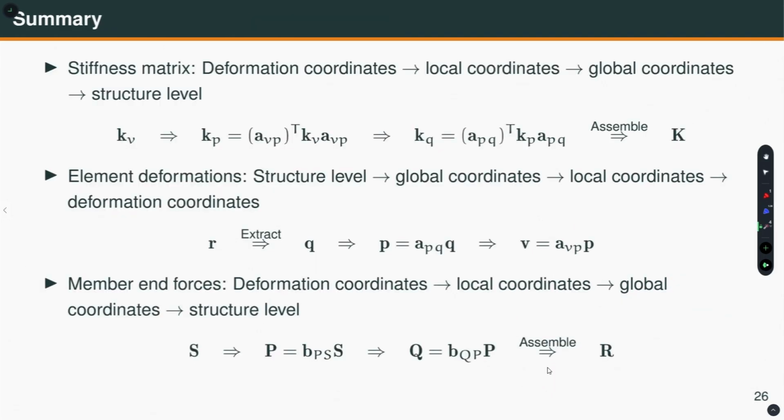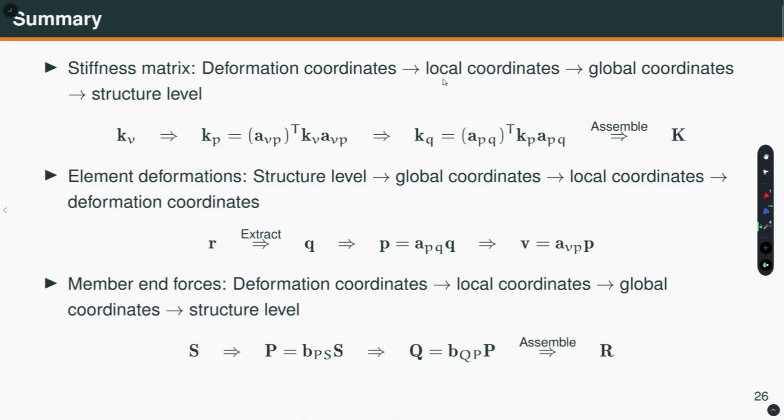Okay. So, let us summarize what we have done in this lecture. For the stiffness matrix, we have determined the stiffness matrix in the deformation coordinates. There are no rigid body modes, we often call them basic coordinates or basic system. Then from there we have gone to local coordinates, where the x axis is along the element length from starting node to the end node, y axis is perpendicular to that and the theta axis using the right hand rule.